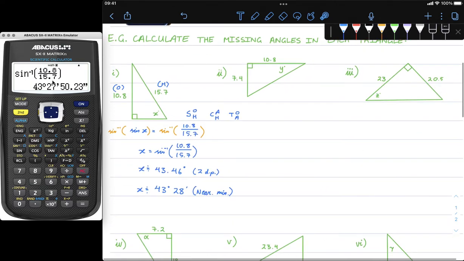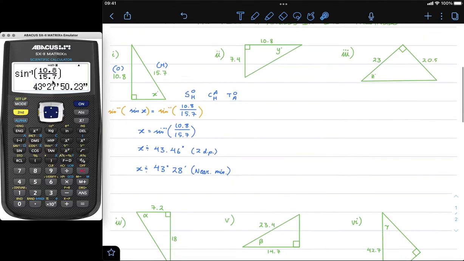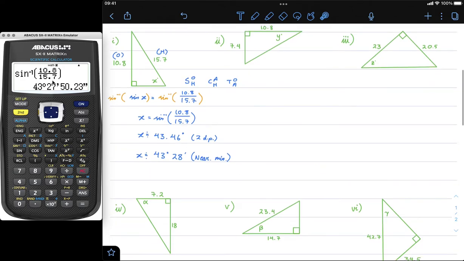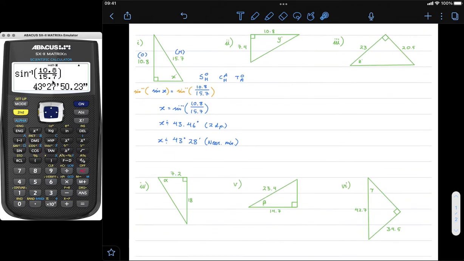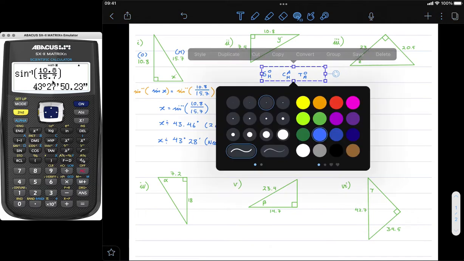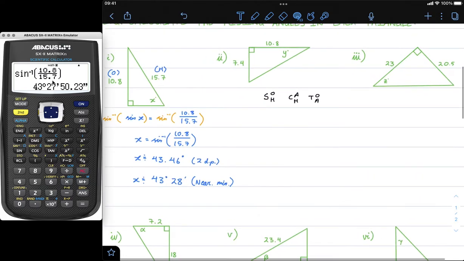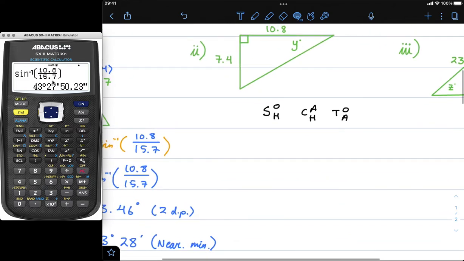Now that's essentially it. It's identical using sine, cos, and tan. So you can go ahead and pause the video and try a few examples on your own here. Let's move along. Let's do the second example.